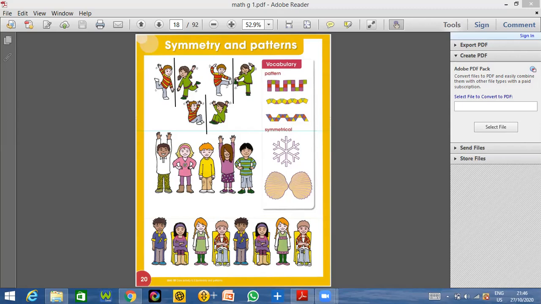Okay, in this one, which are the kids that are symmetrical? This one, who is raising his arms, are symmetrical.